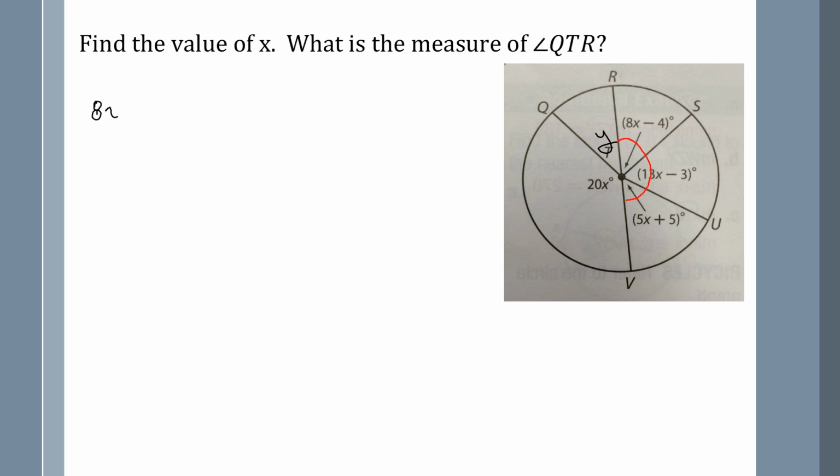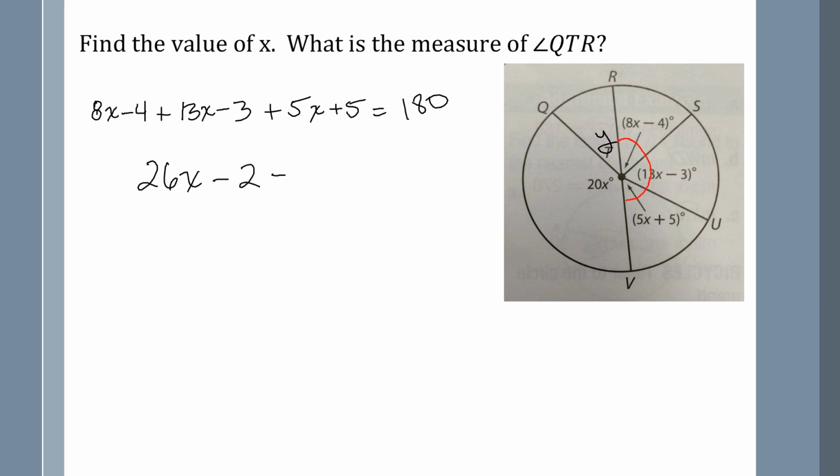8x minus 4 plus 13x minus 3 plus 5x plus 5 equals 180. So 8 plus 13 is 21 plus 5 is 26x. Minus 4 minus 3 is negative 7 plus 5 is minus 2 equals 180.